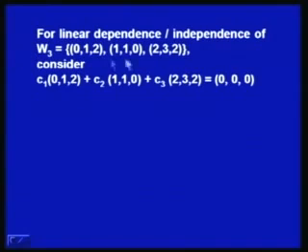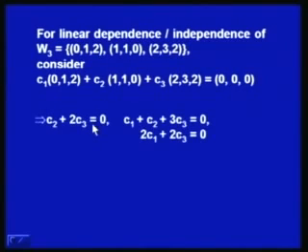Again, we repeat with the third vector: (0, 1, 2), (1, 1, 0) and (2, 3, 2) is W3, and then we check whether they are linearly independent or not. So, we consider C1(0, 1, 2) + C2(1, 1, 0) + C3(2, 3, 2) = (0, 0, 0) as a linear combination, and solving it we have these 3 equations.